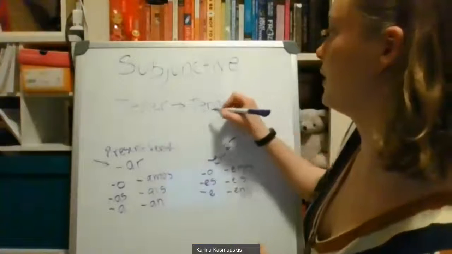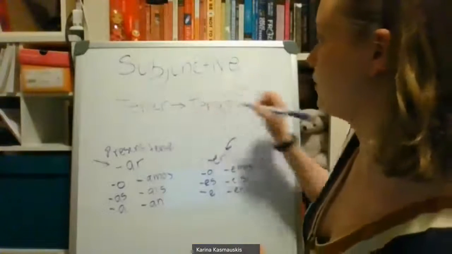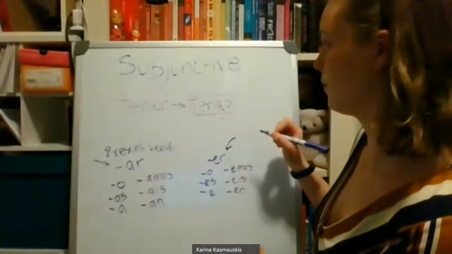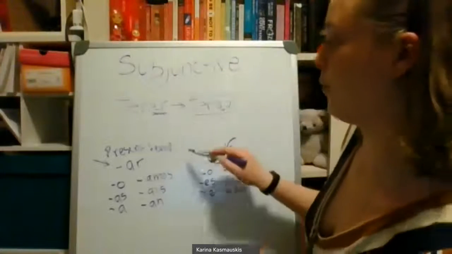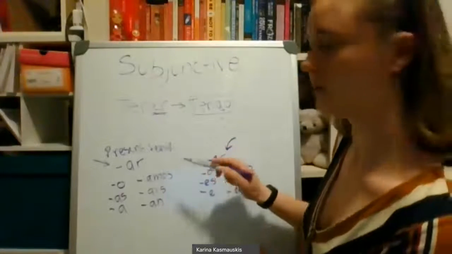So what we'll do is, now that we have tengo, and this is an ER ending verb, we will add AR endings.